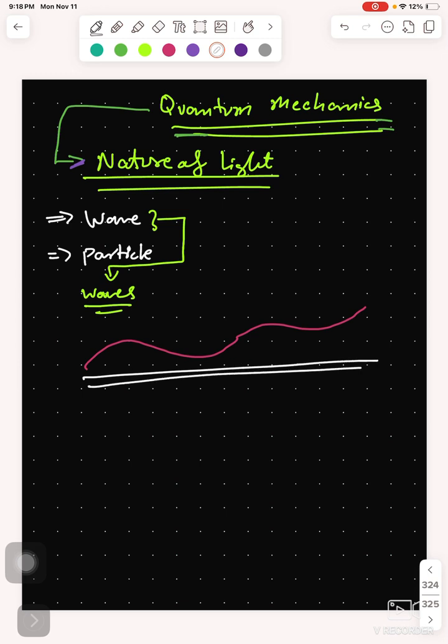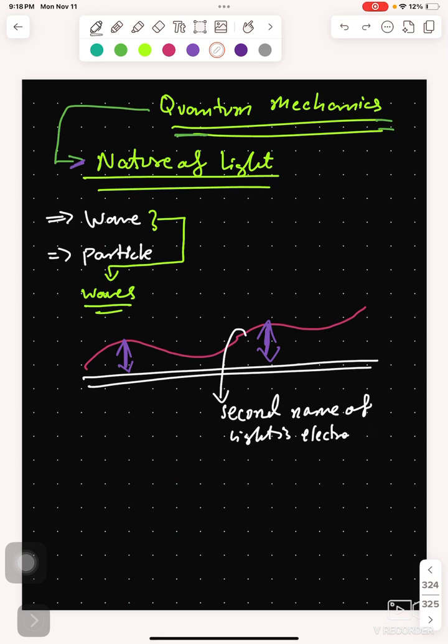And these oscillations are also known as, the second name of light is electromagnetic waves.